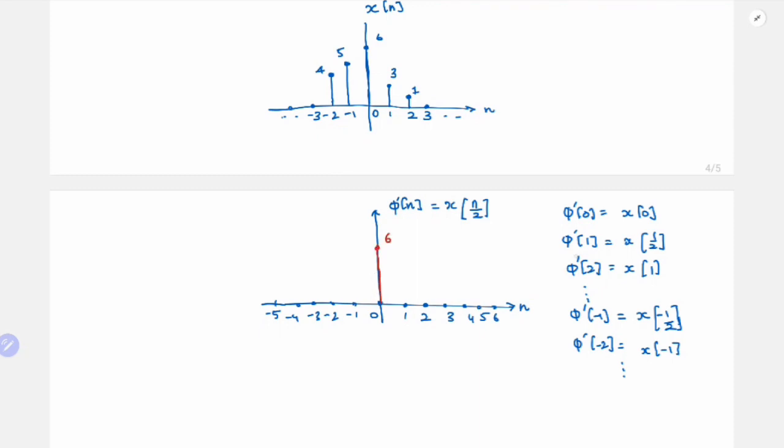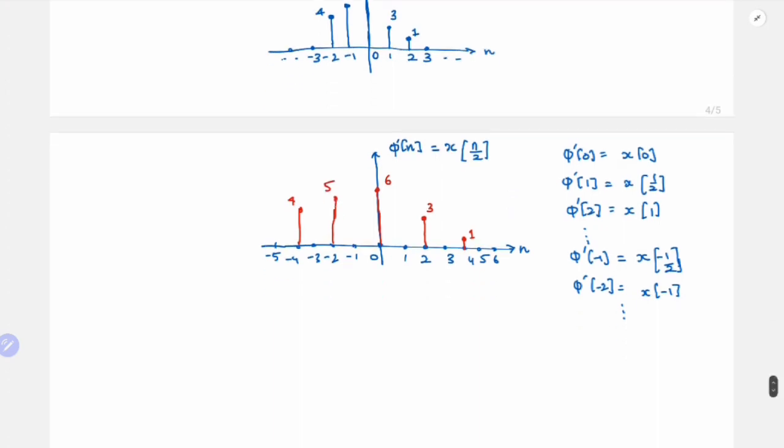So I have 6, and phi dash of 2 is x of 1, which is 3. My phi dash of 4 will be x of 2, which is 1. On the negative side, my minus 2 will be 5 and minus 4 will be 4, correct?